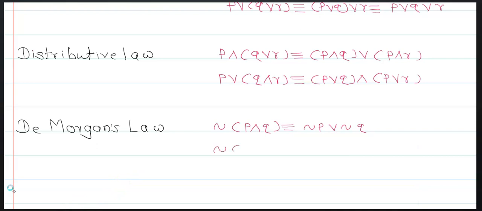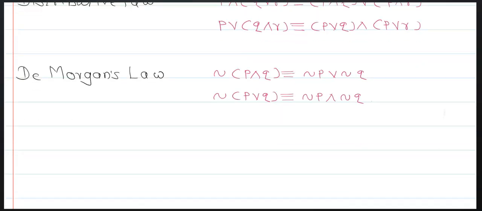Next, the negation of P or Q is the negation of P and the negation of Q. This is De Morgan's law.